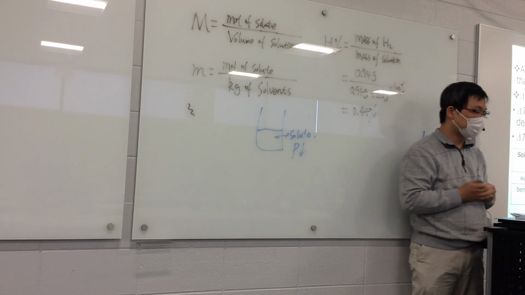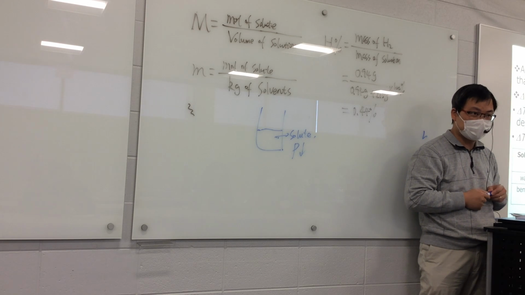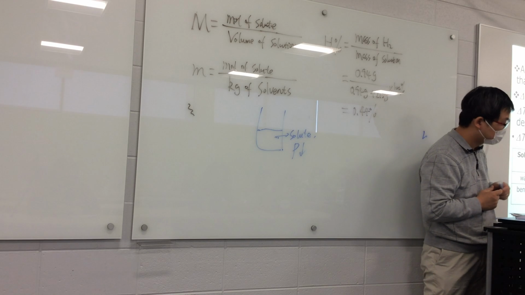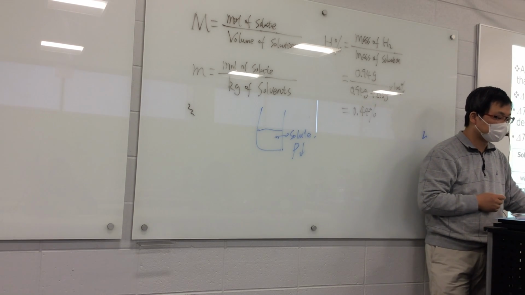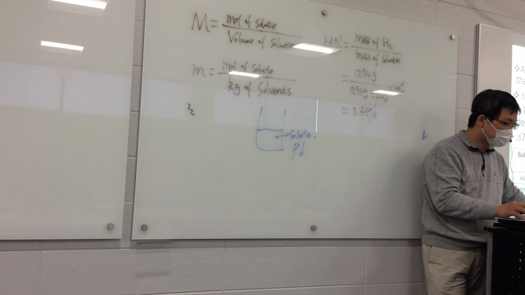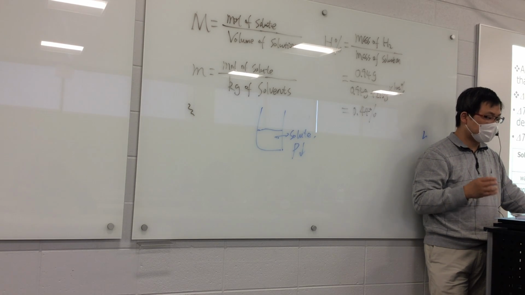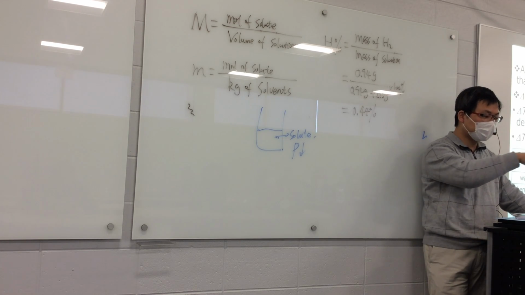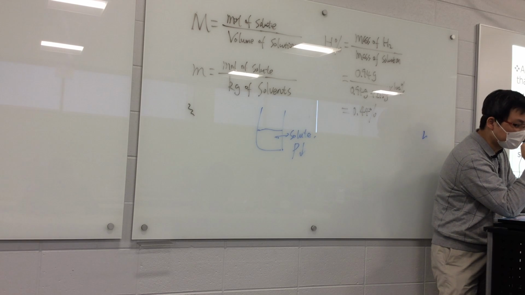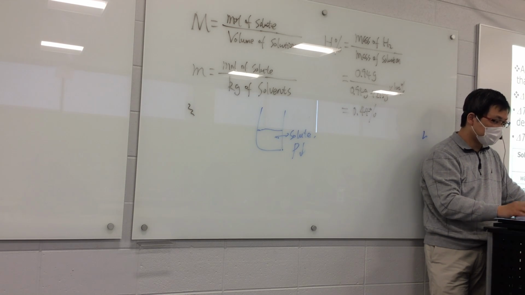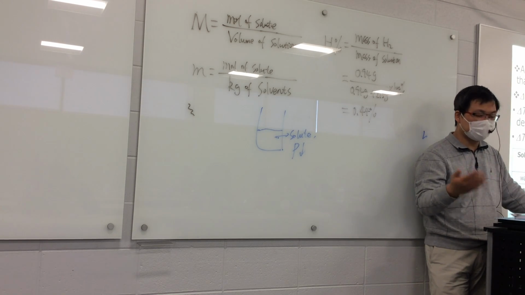And here, another property is what? Freezing point depression. So a solution freezes at a lower temperature than that of the pure solvent for the same reason. And we'll go on to discuss the diagram again. So the freezing point depression equals the freezing point of pure solvent minus the freezing point of solution.